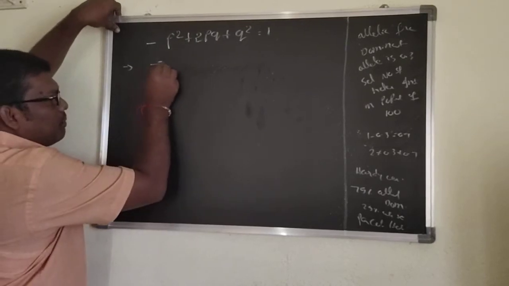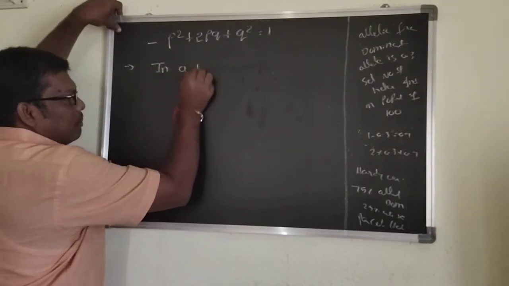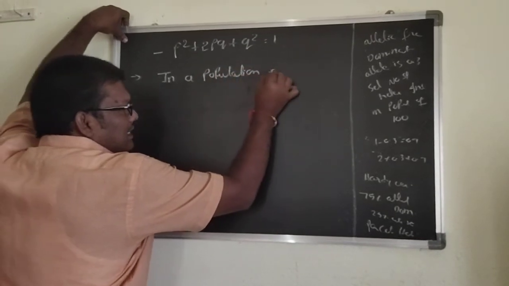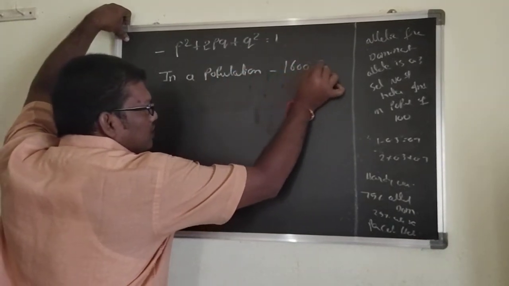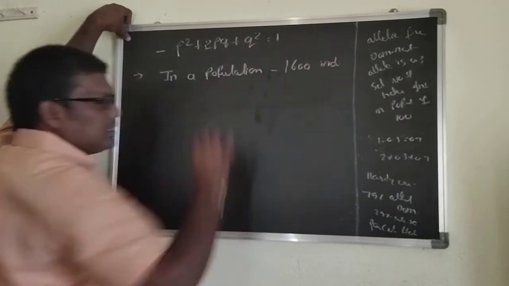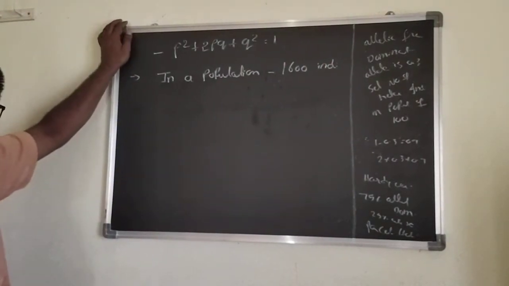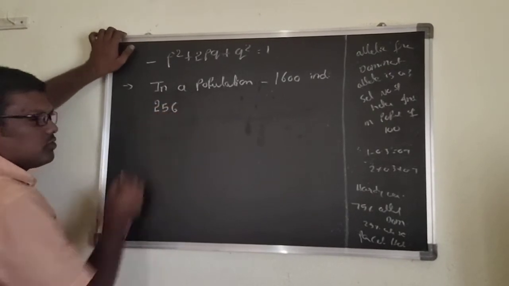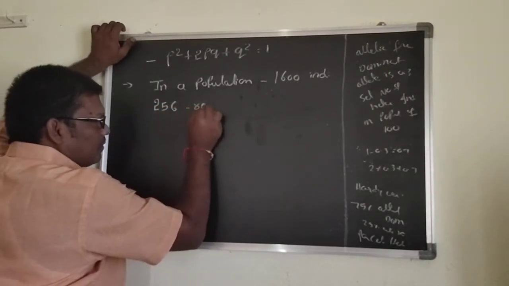Suppose in a population 1600 individuals are present. In that, 256 individuals are recessive.